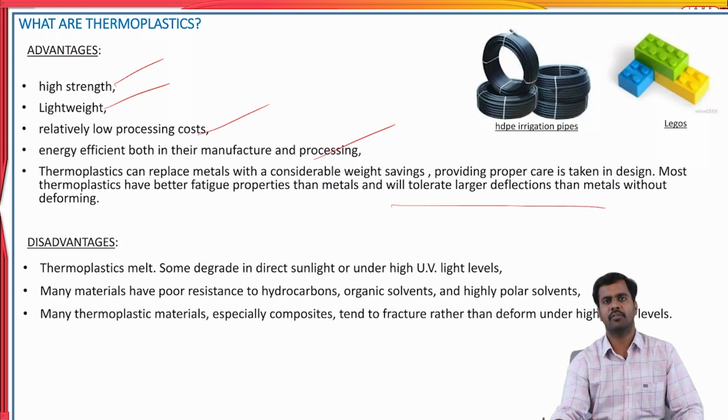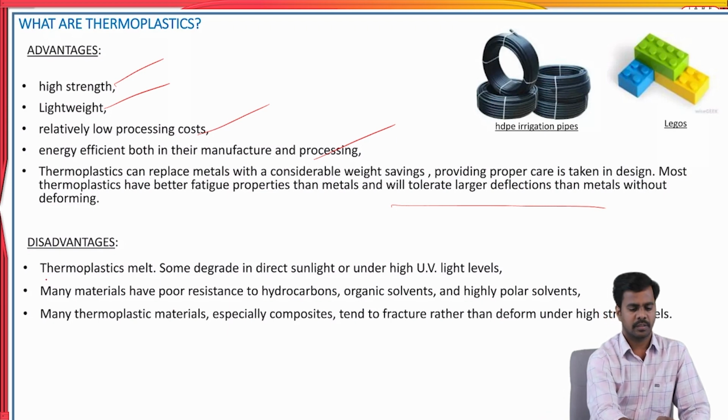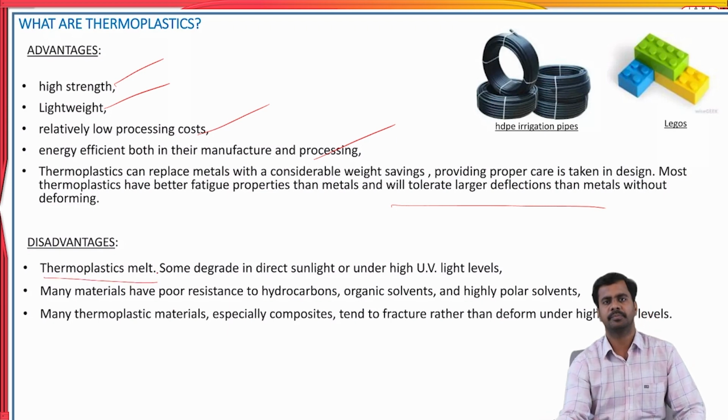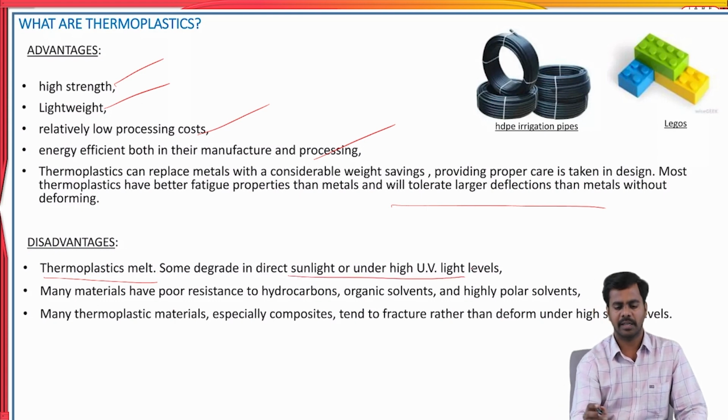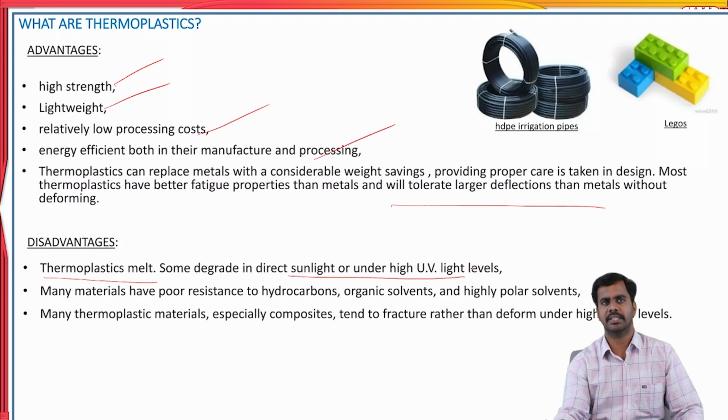Next, coming to the disadvantages. Some major disadvantages of thermoplastics are that they melt, and some degrade in direct sunlight and under high UV light levels.